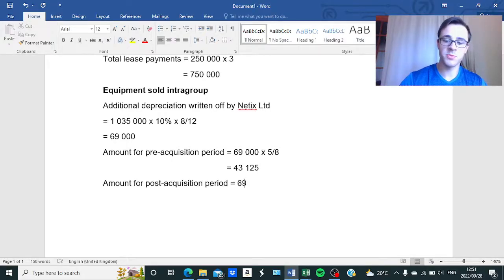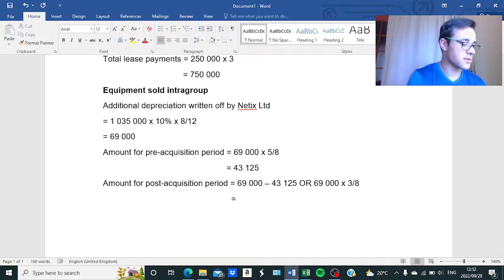Which will just be the difference between the 69,000 and the 43,125, or you could take the 69,000 and multiply it by 3 over 8. That will give you the same answer, and you should get 25,875.